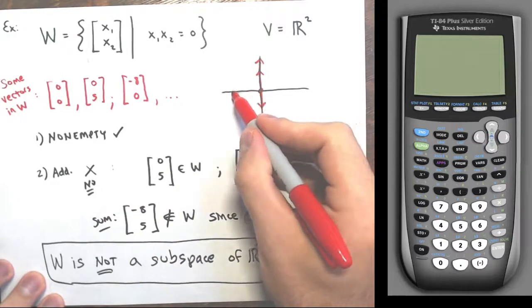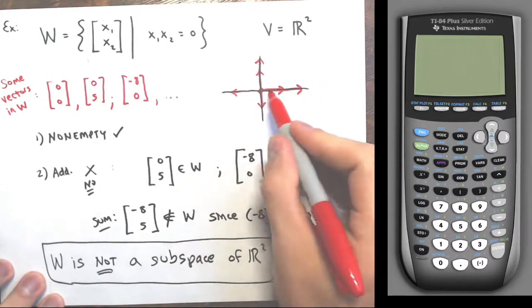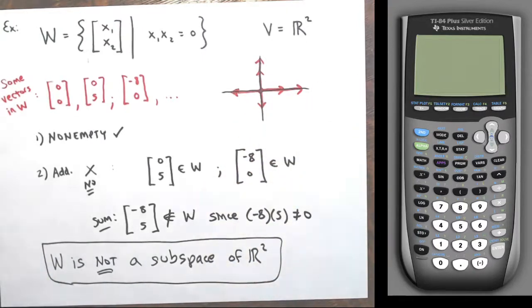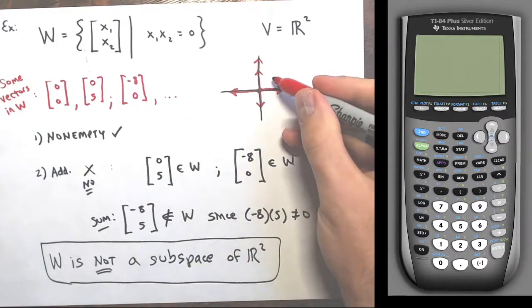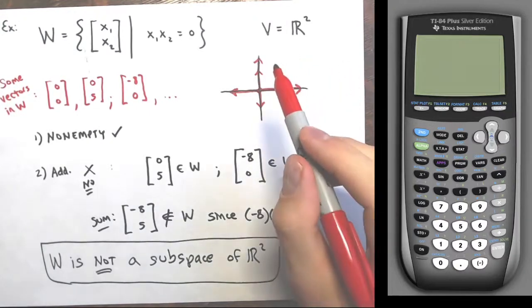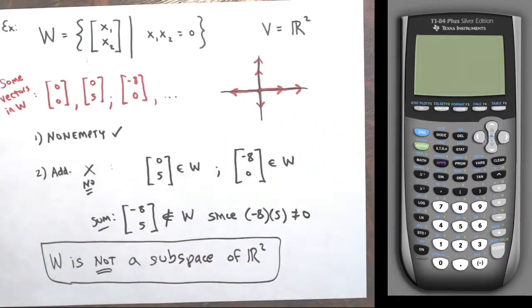You have negative 8, 0, 3, 0, 10, 0, all these too. So it's not just a single line through the origin. I get this cross, this X shape. And you're not able to reach points out here either, so it's not like R2. So it's two lines through the origin at the same time. That's not one of those examples I threw up earlier of a subspace of R2.